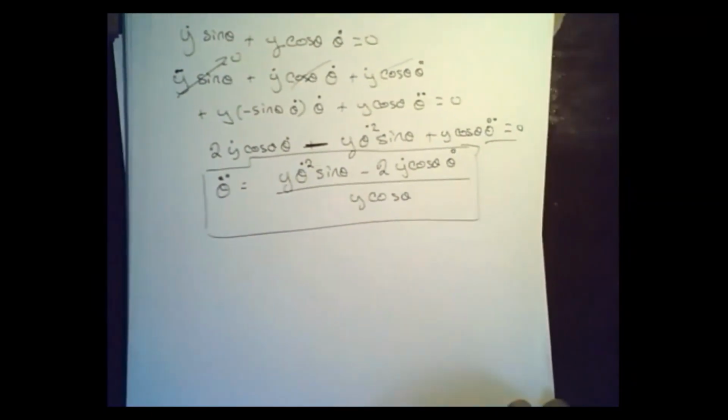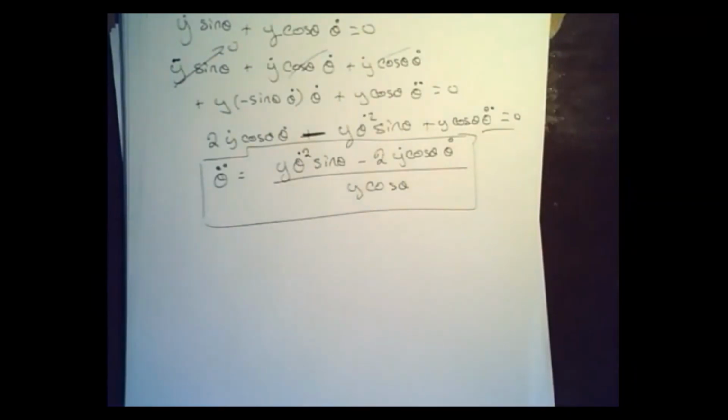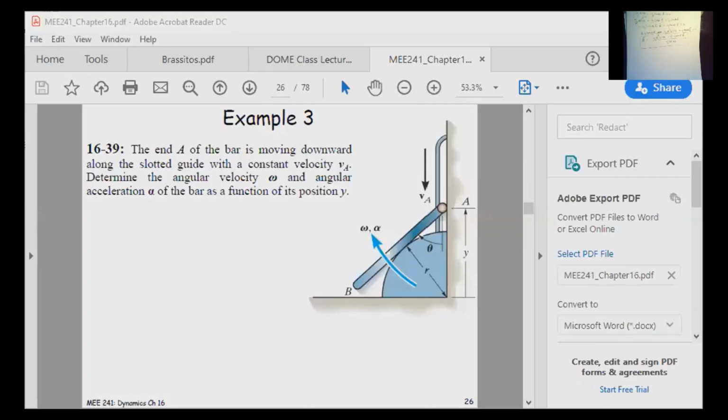So now I could take this problem, and then I could ask you, as a result of this theta double dot, what is the acceleration of any point on this bar? And let me ask you guys this question. If I, on the exam, if I ask you, like, based on these, what is the acceleration of this point? How do you do that? If I ask you, what is the acceleration of this point? A point, obviously, not like that, just a point. How do you get this acceleration?